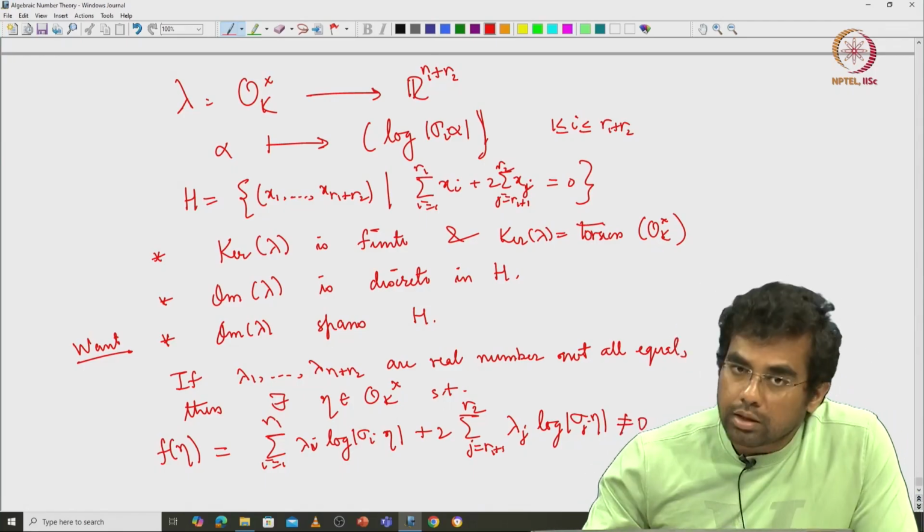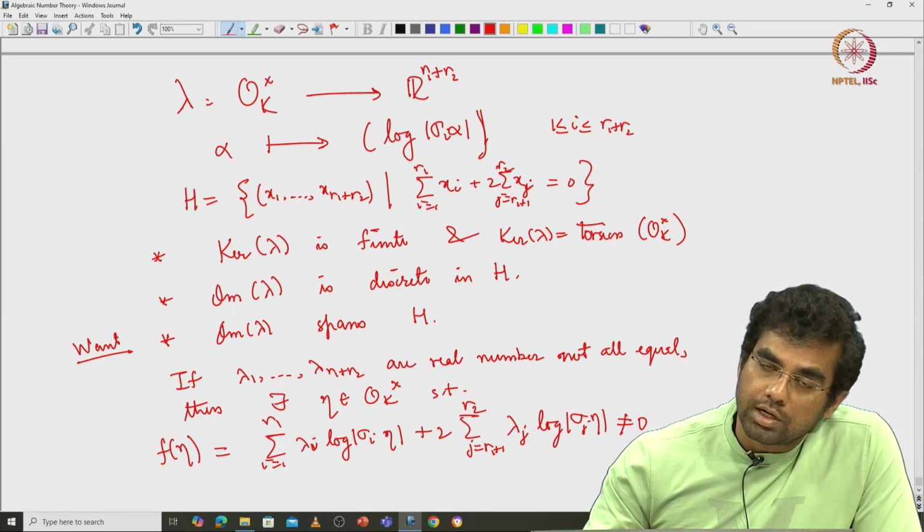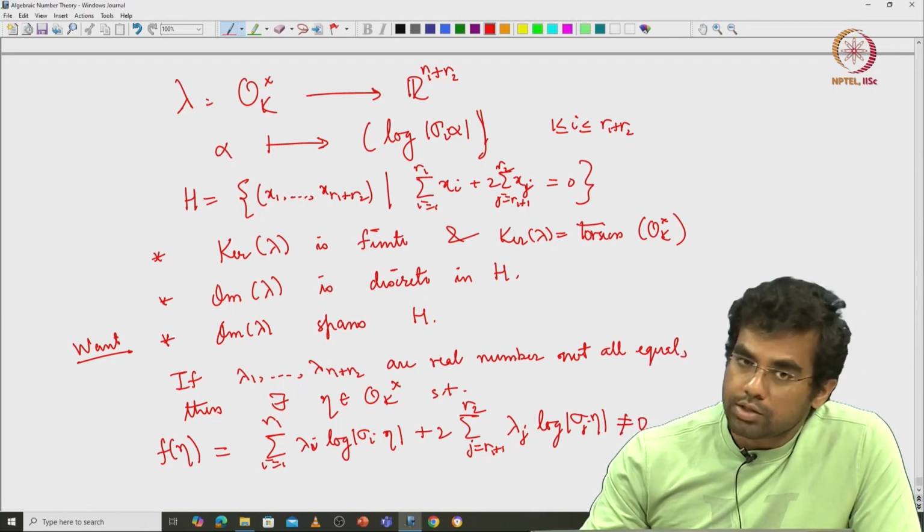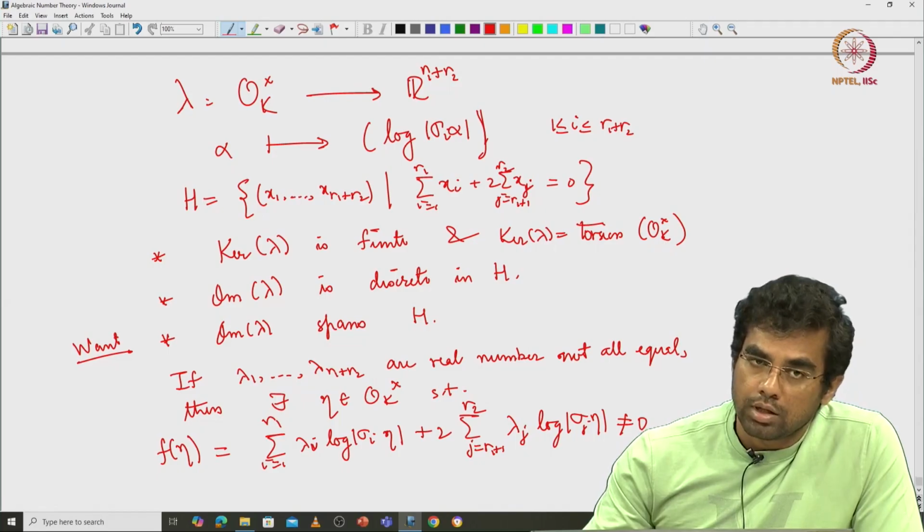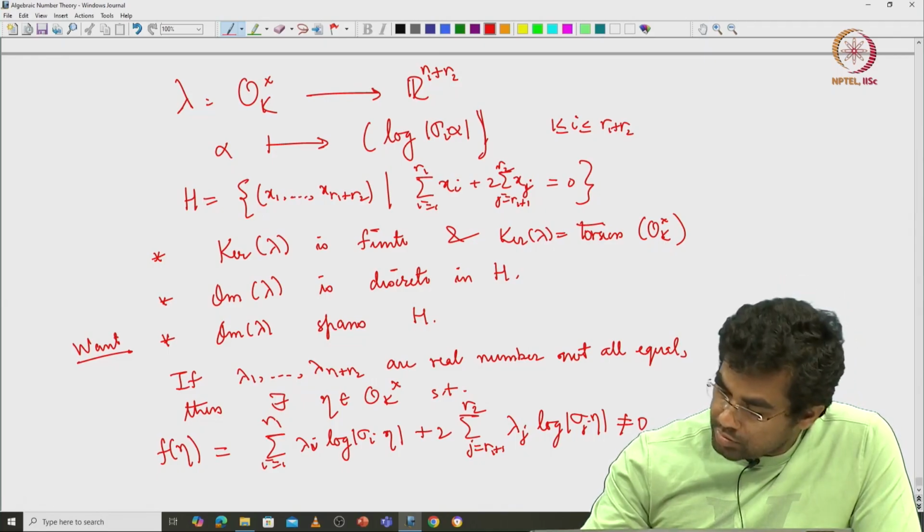This will mean that the image of lambda does not satisfy any linear relation except the one defining H, and hence it has to span H.